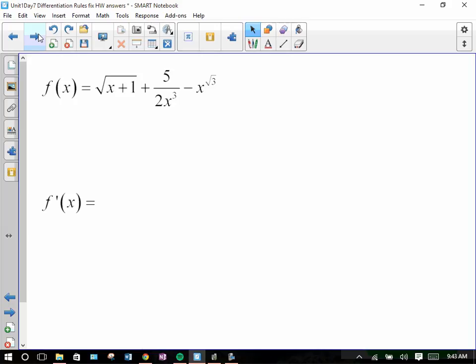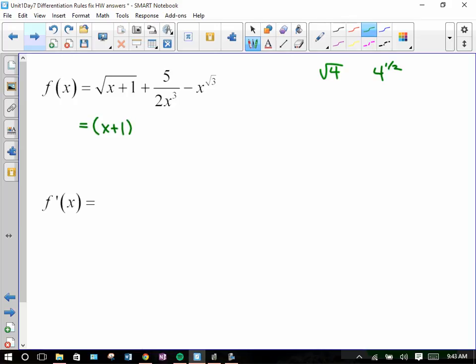This right here isn't raised to a power, until you remember that the square root is actually the exponent of 1/2. If I say the square root of 4, that's equal to 2. That's also the same thing as saying 4 to the 1/2 power. Okay? So f of x is actually x plus 1 to the 1/2 power.